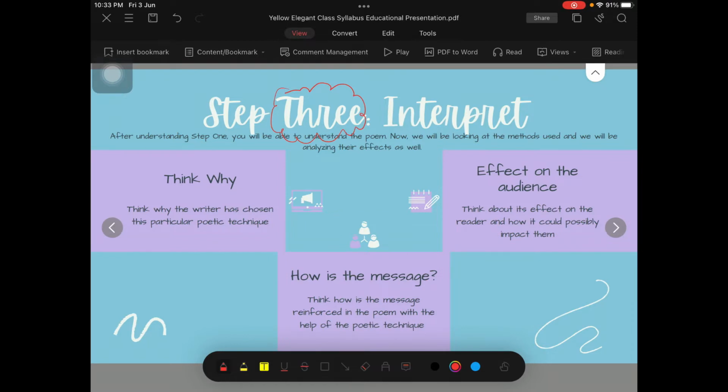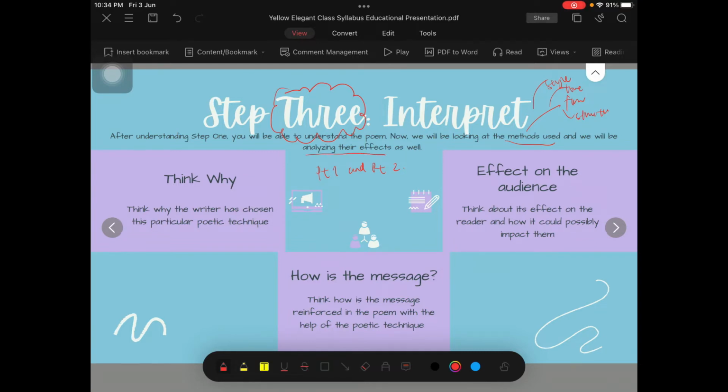If you've been focusing attentively on step 1 and step 2, you should understand the poem, which is why in step 3 we aim to understand the methods used, which is technically the form, the structure of the poem, the tone, and the style of the writer's poetry, and we will be analyzing their effects at the same time.